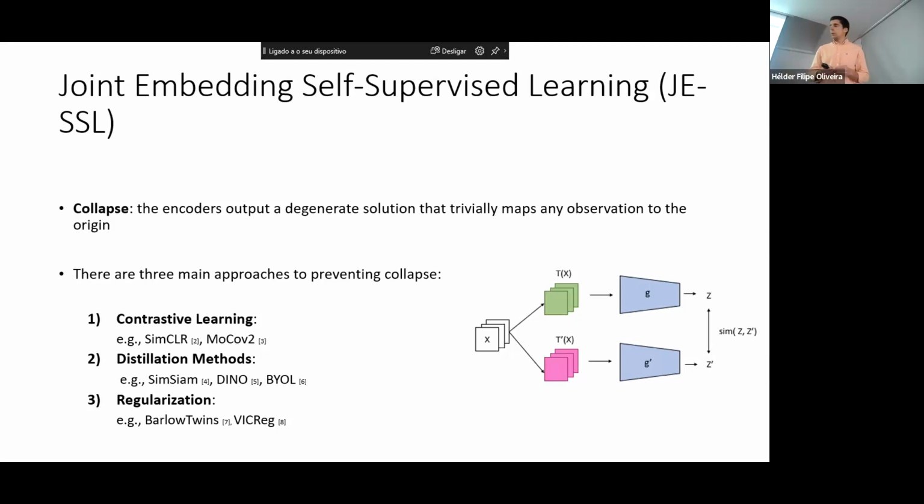For example, with variance-invariance-covariance regularization, we can increase the variance along the batch dimension so that different images have a different representation, or we can also minimize the off-diagonal elements of the covariance matrix of the different views, so that there is no redundancy along the feature dimension.